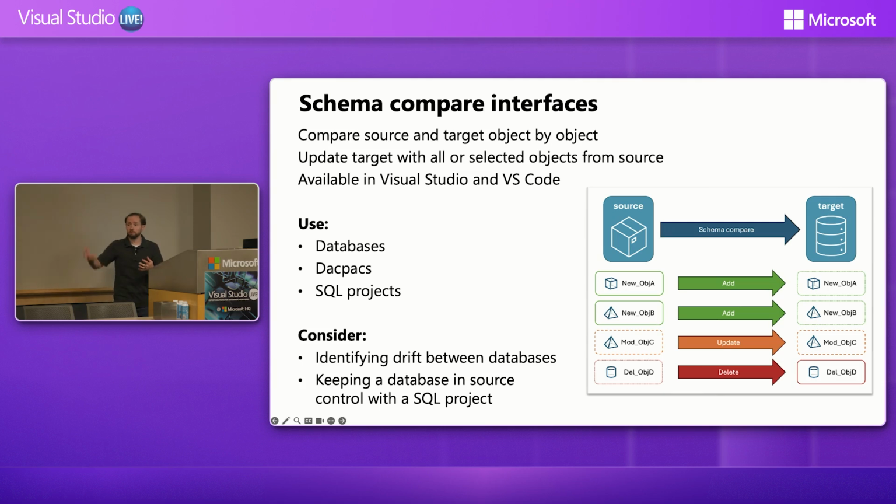You could just compare your developer environment to your elevated developer environment, production, whatever you want to call it. You could skip the middleman of SQL Projects and just use schema compare if that is what fits your scenario. This will show what objects have been added, modified, or deleted. So it'll give you almost like a Git diff, but for databases, which again, standalone in and of itself is pretty awesome.